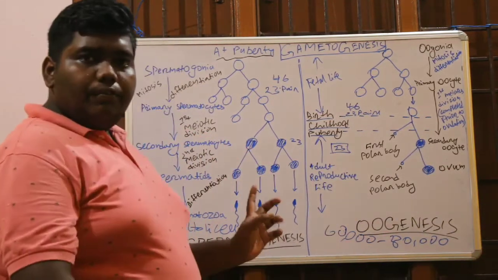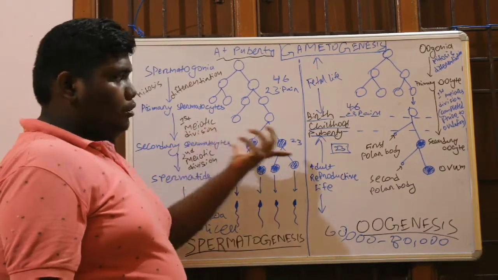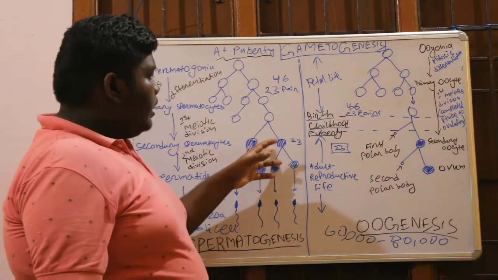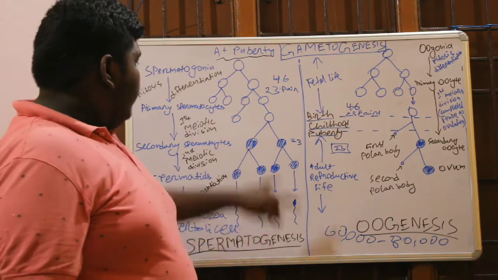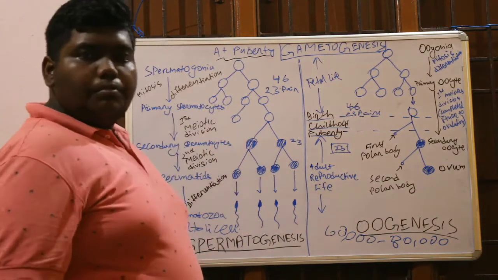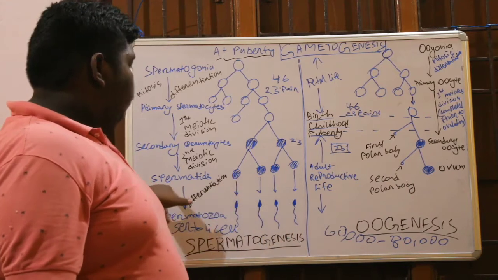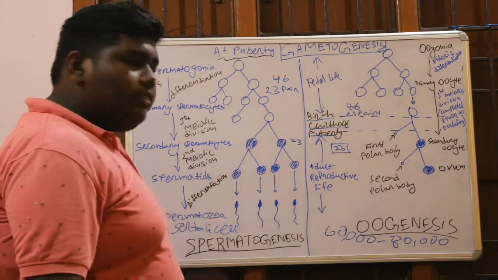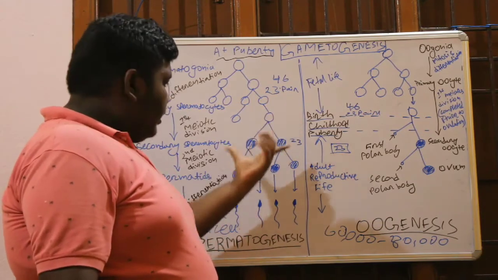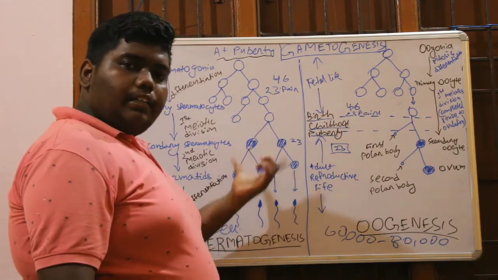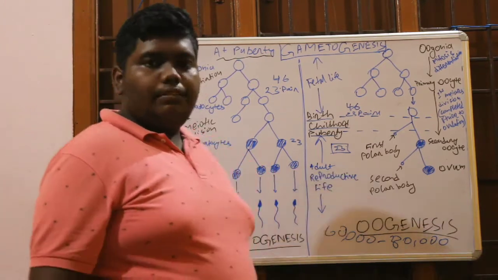Now, what is the difference? In spermatogenesis, two secondary spermatocytes are formed from one primary spermatocyte, and these two again differentiate to form spermatids. So everything that is divided and formed develops into sperm. But here the case is different.